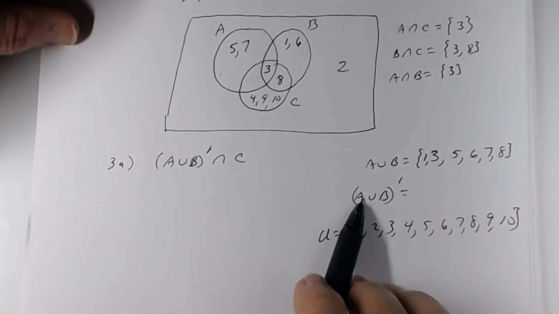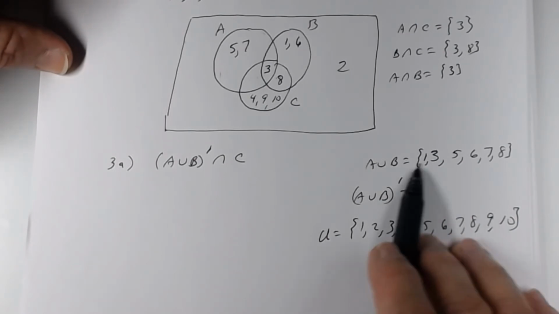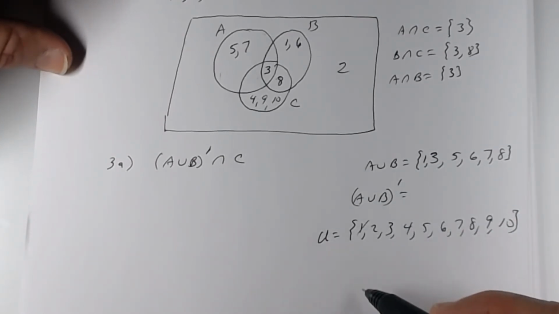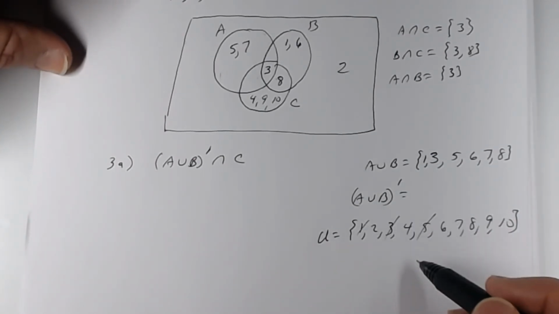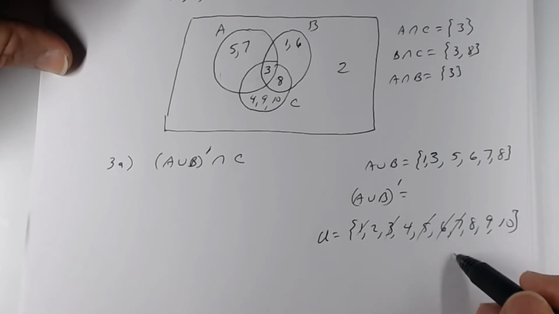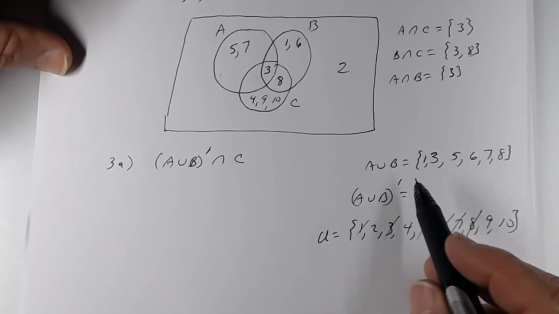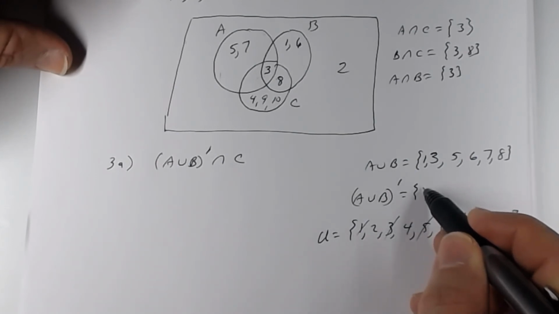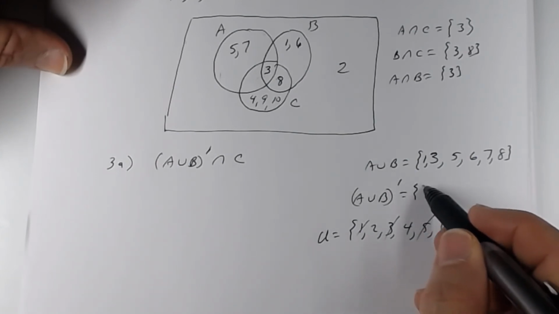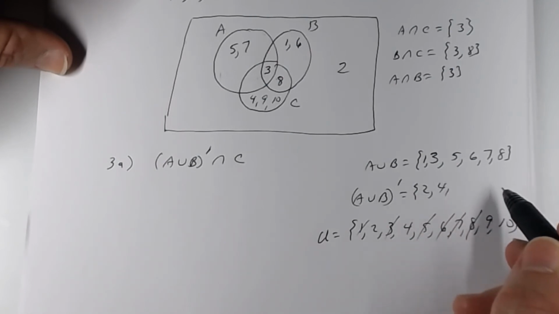So (A union B) complement would be everything in the universal set but not including these. So I'm going to take 1 away, 3 away, 5, 6, 7, and 8. So what would be (A union B) complement? What about the 2? Oh, yes. 2, 4, 9, and 10.